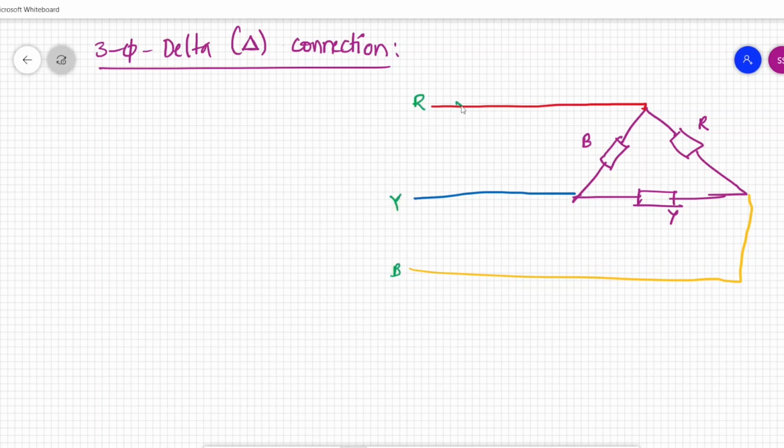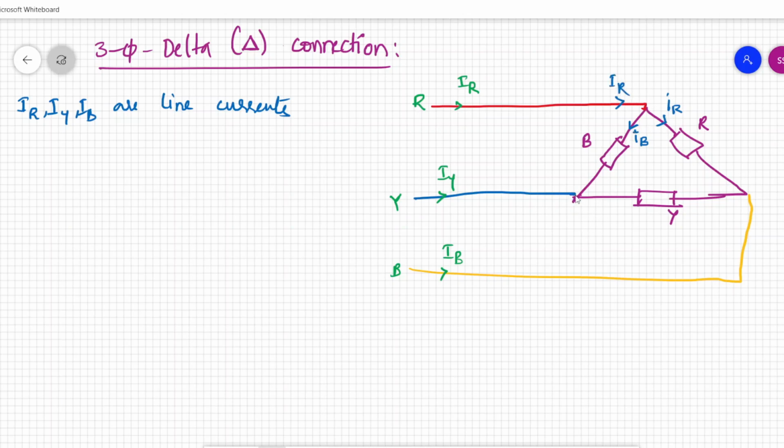The currents will be IR, IY, IB. So here IR, IY, IB are line currents. Okay, and similarly this is IB flowing in B phase. This is IR flowing in R phase. Here you can see the line current IR is dividing into two currents, IR and IB.